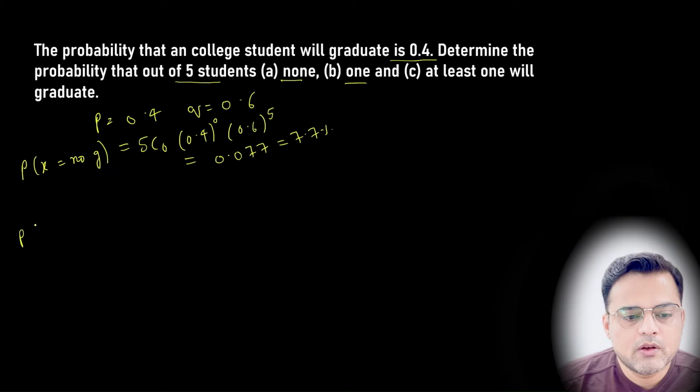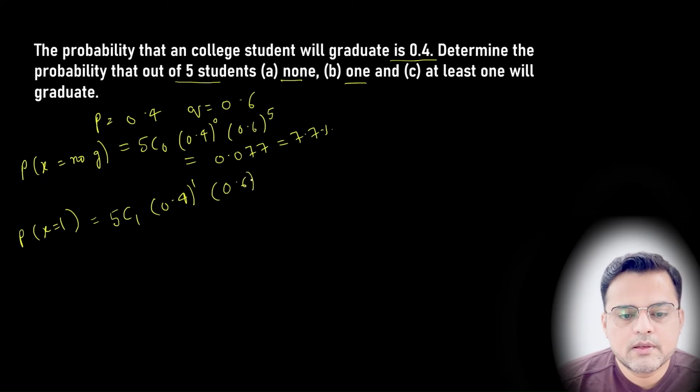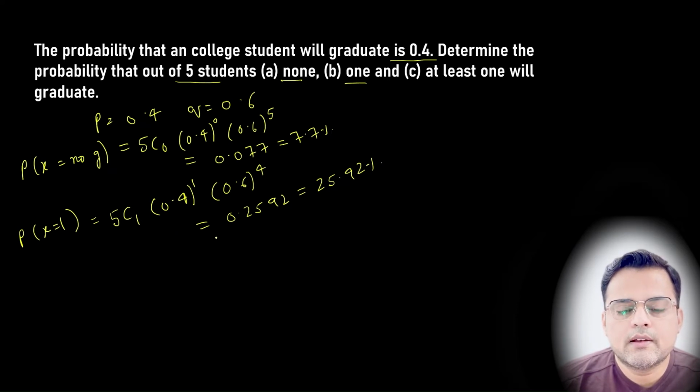And then probability of X equal to 1, that only one will graduate, will be 5C1, 0.4 to the power 1, 0.6 to the power 4. If we solve it, it will be 0.2592. So there is a 25.92% probability that exactly one student will graduate.